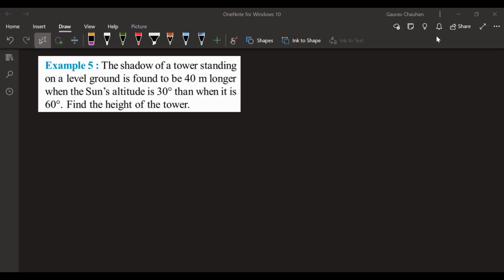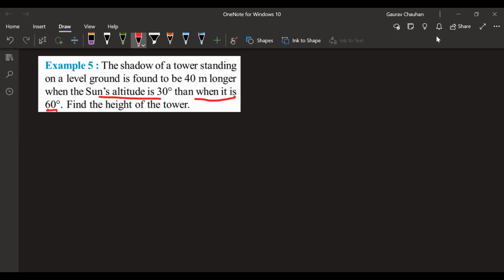This is a little tricky in terms of how we understand it, because there are some interesting words here. They're saying the shadow of a tower is found to be 40 meters longer when the sun's altitude is 30 degree than when the sun's altitude is 60 degree.